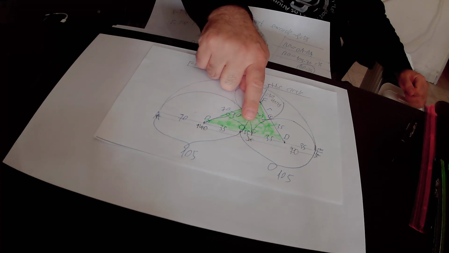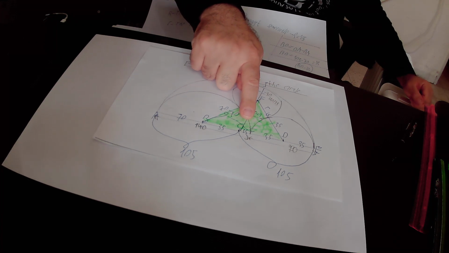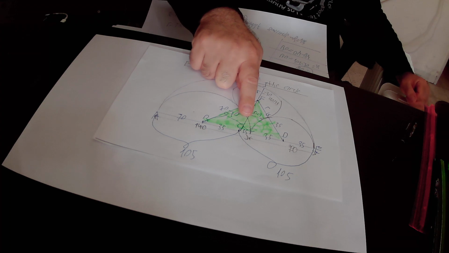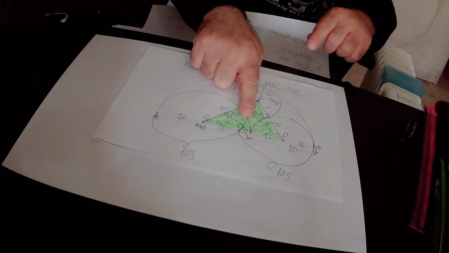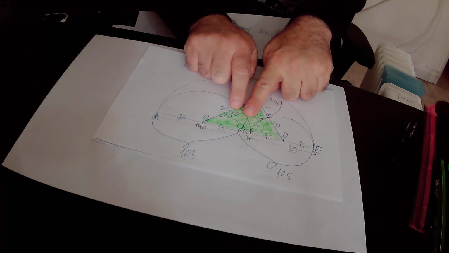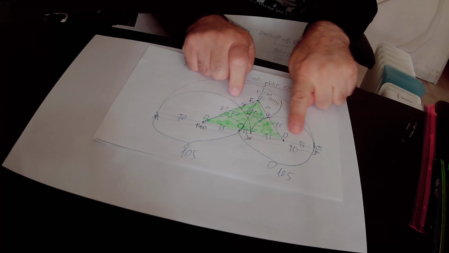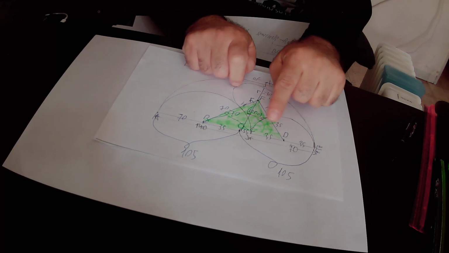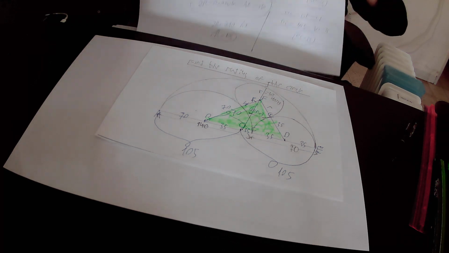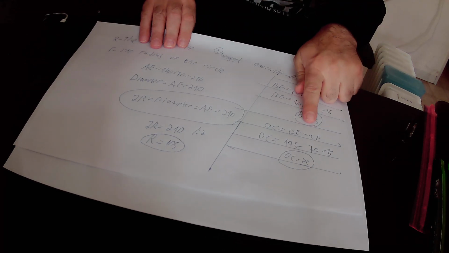And what is the length of this line segment OC? From the drawing it is very easy to see that OC equals OE minus CE. Again, OC equals OE minus CE.